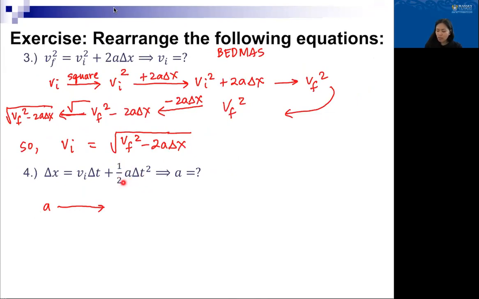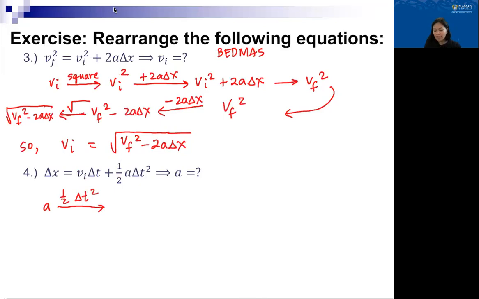So multiplication comes before addition. So we need to build up this part of the equation, 1/2 a delta t squared, first by multiplying 1/2 and delta t squared. Okay, when you're multiplying numbers, it doesn't matter the order of multiplication, right?